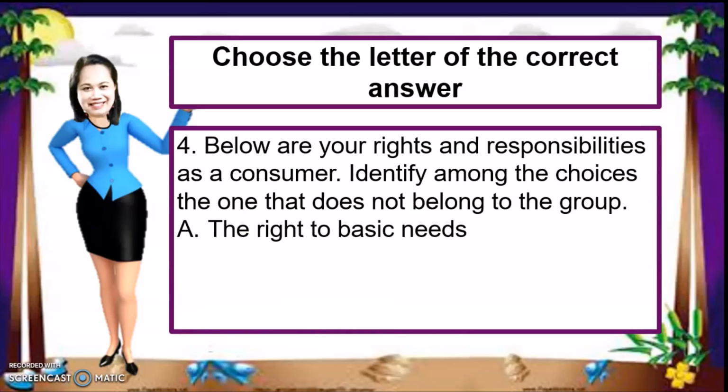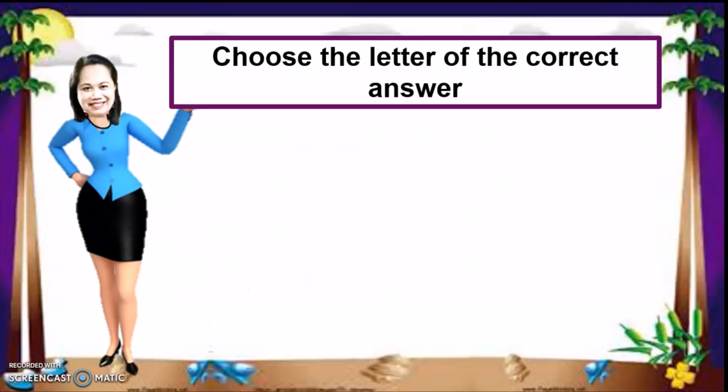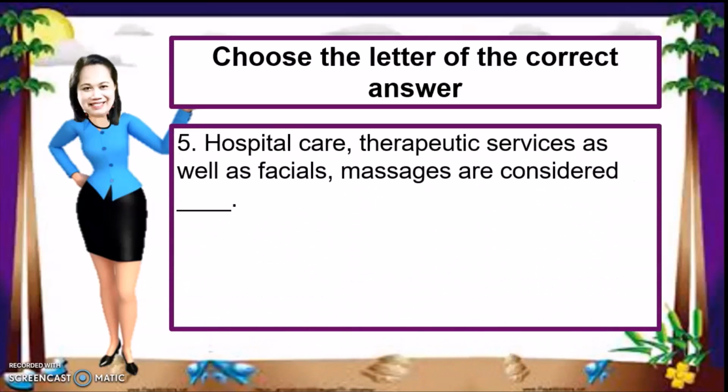A, the right to basic needs. B, the right to receive privileges. C, the right to be informed. And D, the right to safety. What is the one that does not belong to the group? Then last, number 5.